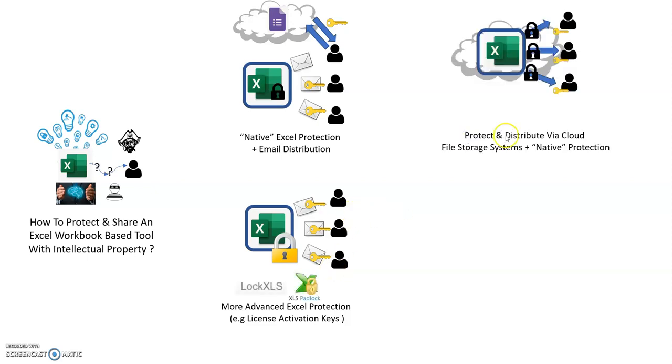We'll also look at file storage systems like Google Drive and Dropbox. We'll look at OneDrive specifically, in terms of how you can use some of the innate security there to share information but still retain some control.